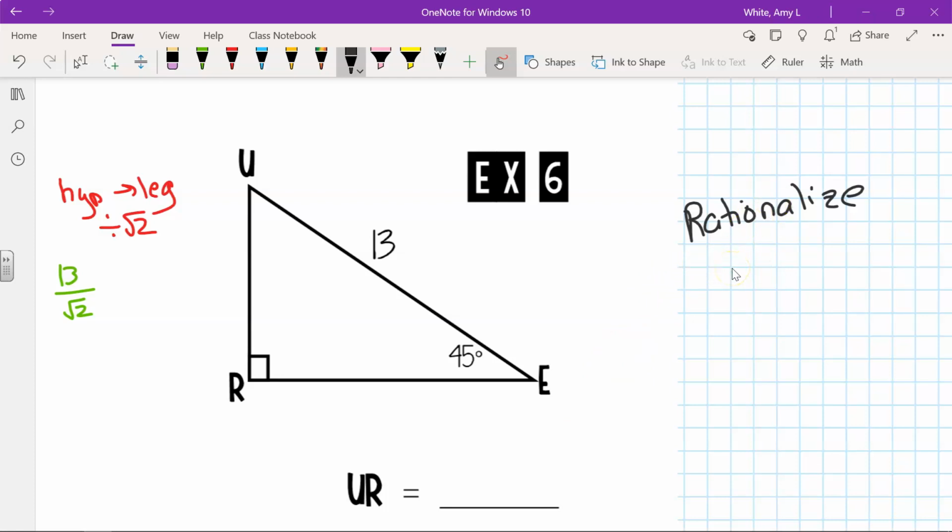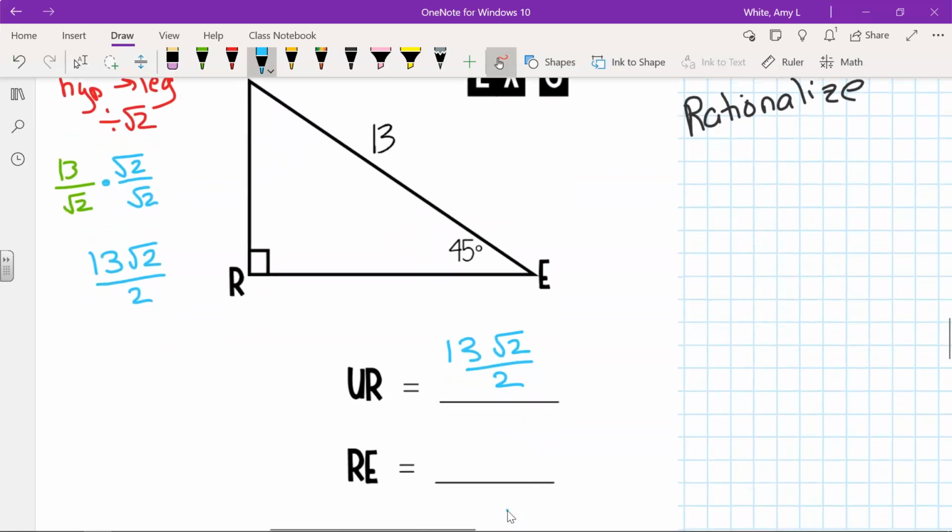Remember, rational numbers are ones that either have a repeating or ending decimal. Radicals are not rational numbers. So to do that, we are going to multiply the numerator and the denominator by the square root of 2, and we get 13 root 2 over 2. In this case, the fraction does not simplify because 13 is not divisible by 2. So our final answer for UR and RE would be 13 root 2 over 2.